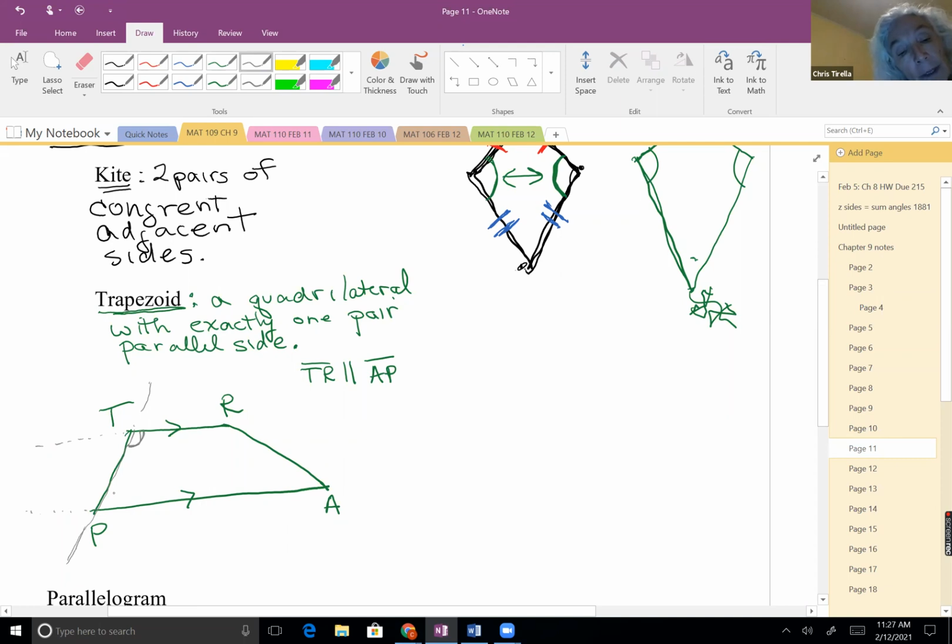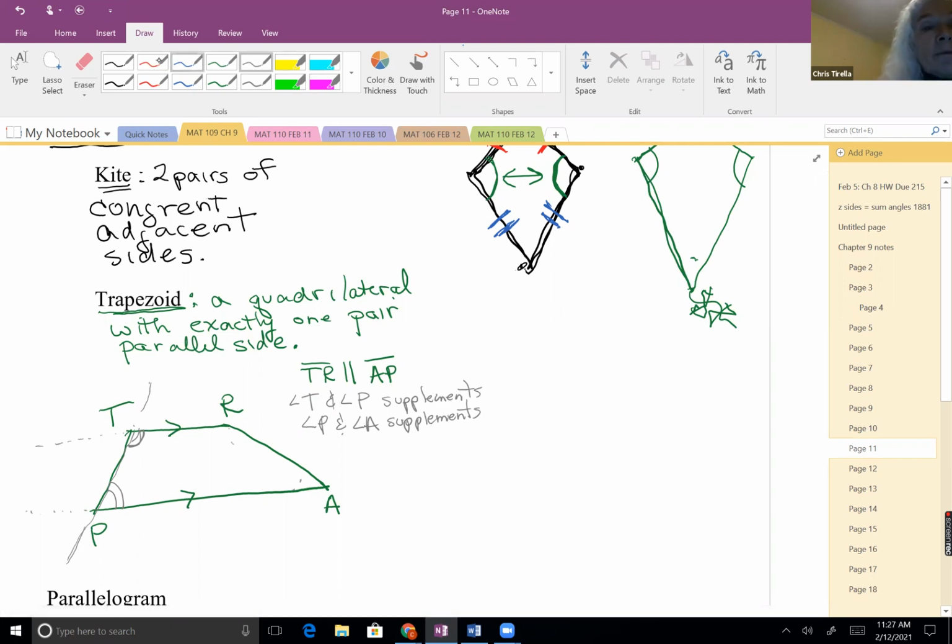And so what happens is those two angles, angle T and angle P, will be supplements because of their relationships within the parallel lines. Likewise, angle R and angle A will be supplements. But angle P doesn't necessarily have a specific relationship to angle A.